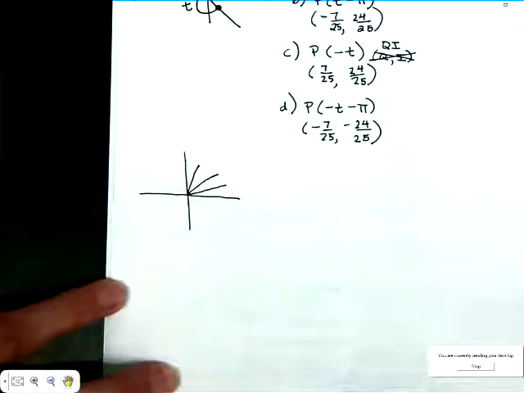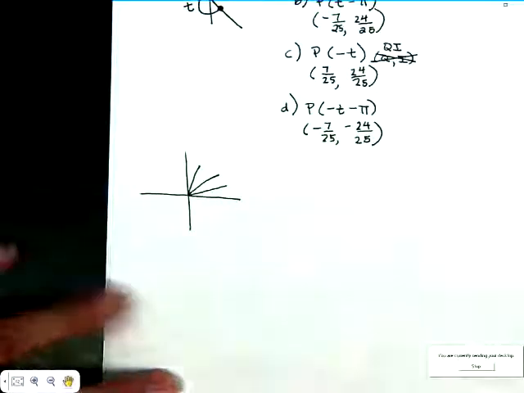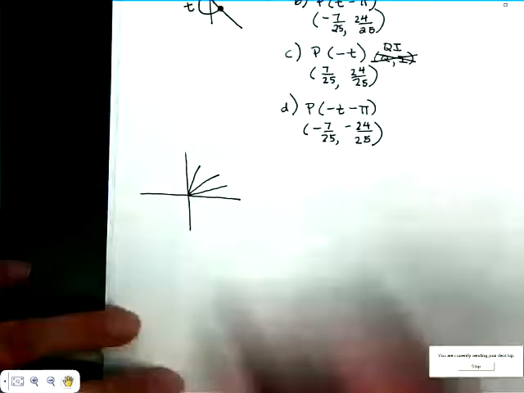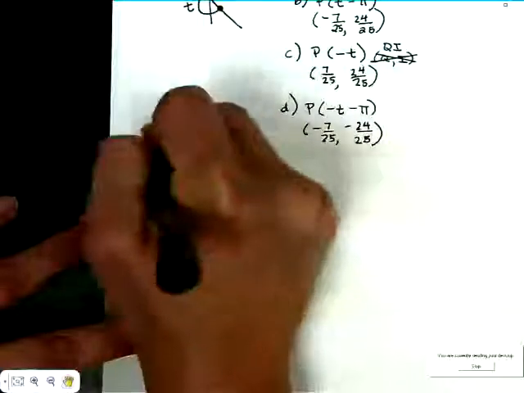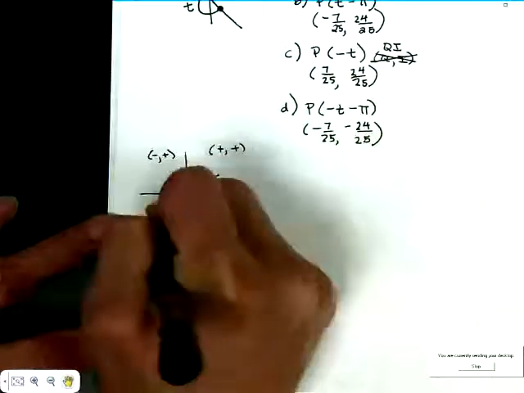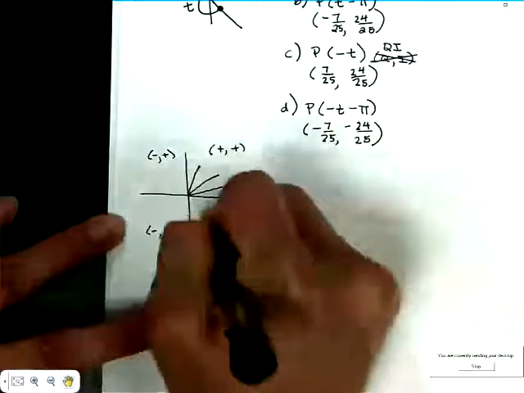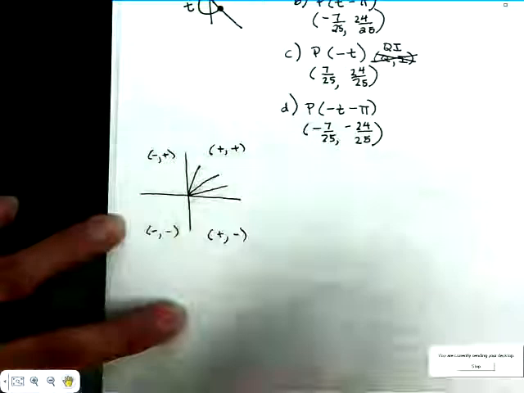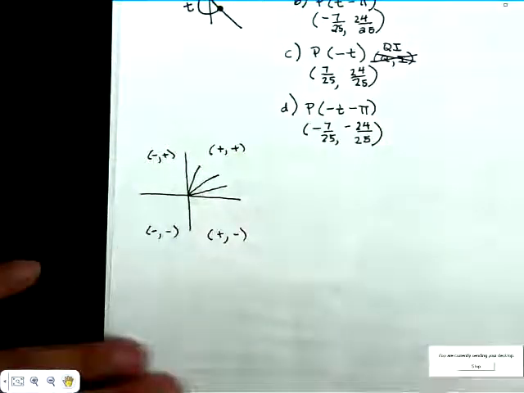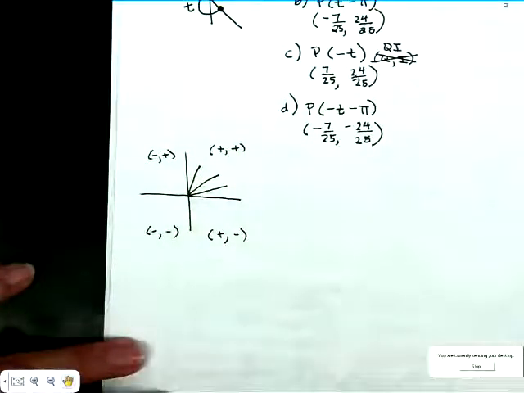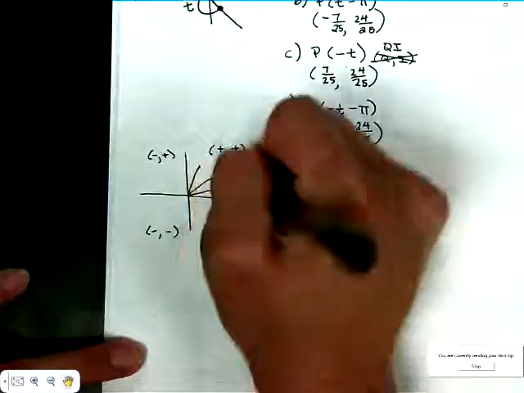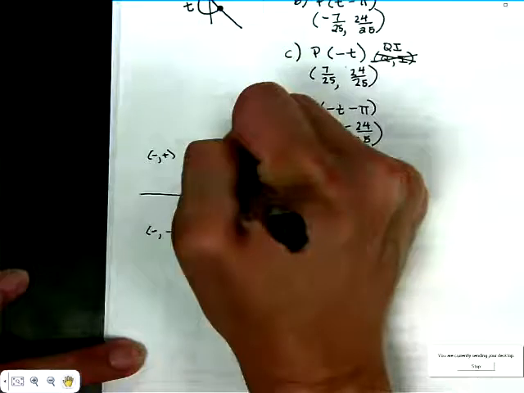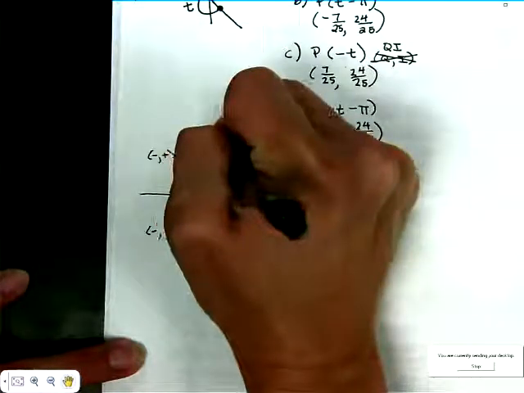After that, everything's just going to repeat. I might even go ahead and say this is positive, positive, negative, positive, negative, negative, and positive, negative. This is pi over 6 radians, pi over 4 radians, pi over 3 radians.